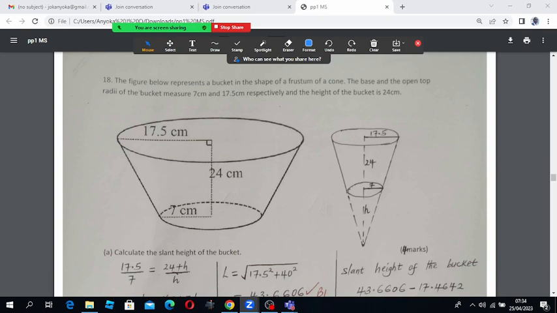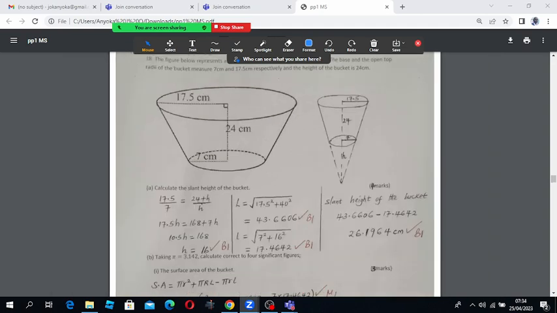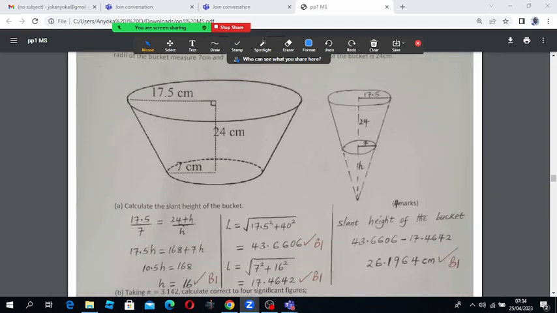The base and the open top radii of the bucket measure 7 centimeters and 17.5 centimeters respectively. And the height of the bucket is 24 centimeters. So now confirm whether the information has been correctly transferred to the diagram.